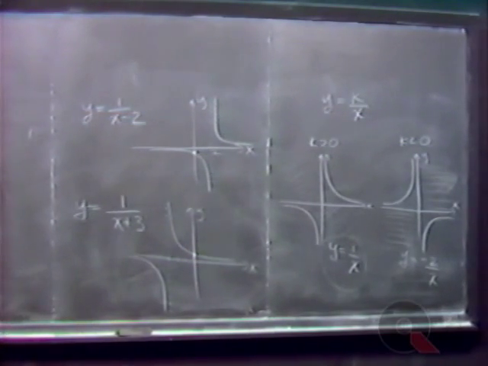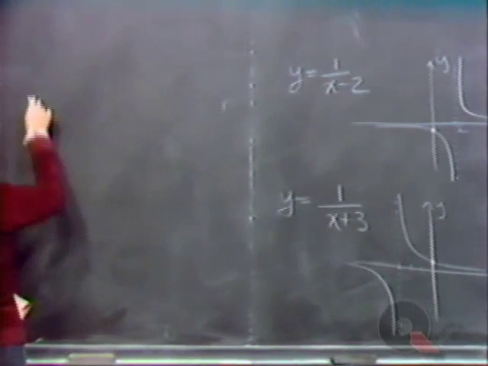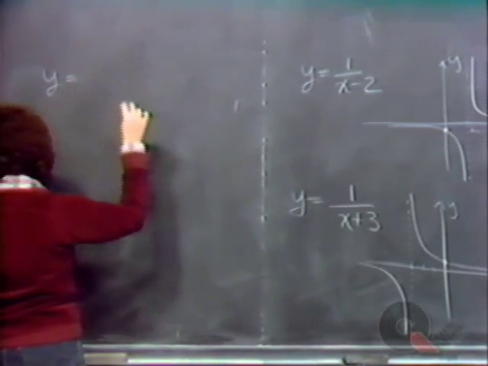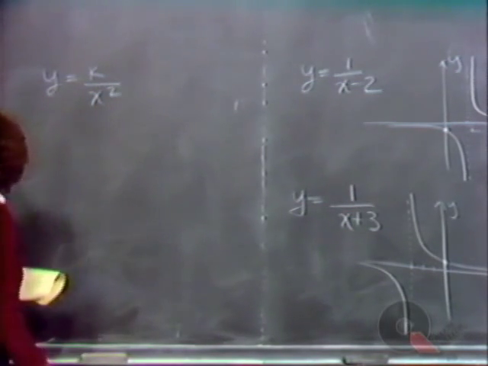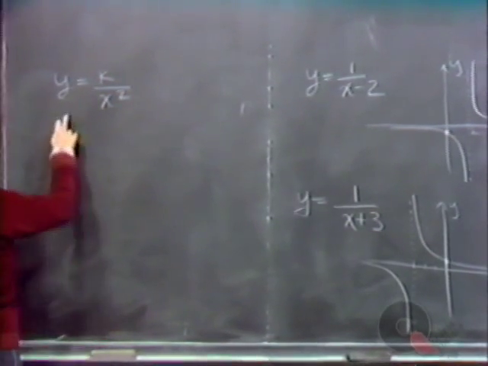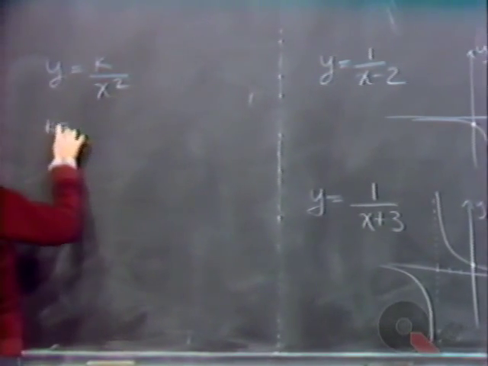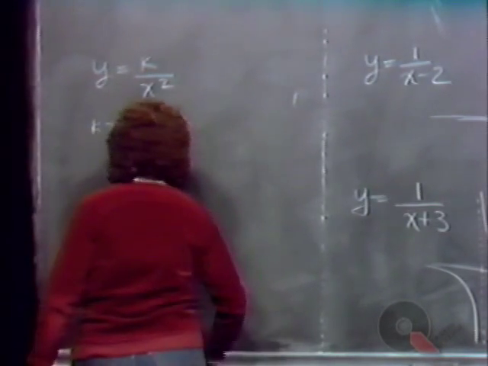Okay, for my last example, let me show you another basic curve that you may run across in more advanced math courses. Y equals k over x squared. Okay, we've seen y equals k over x. Those were hyperbolas. Y equals k over x squared. Let's consider if k is positive or if k is negative.